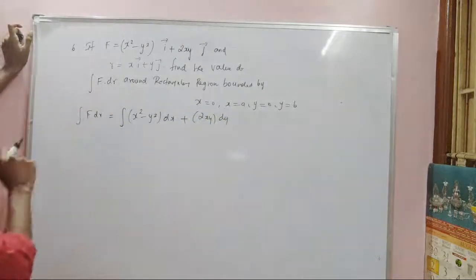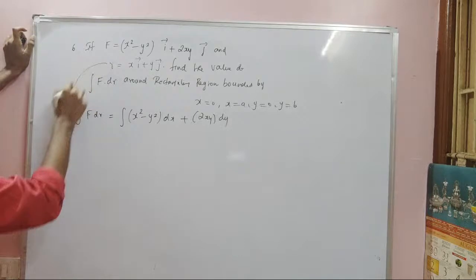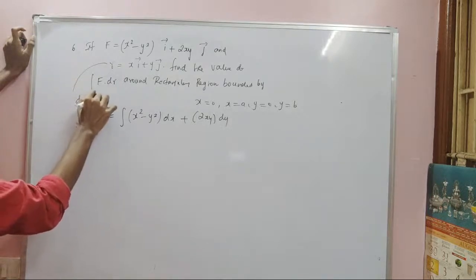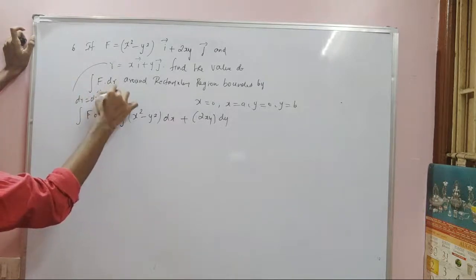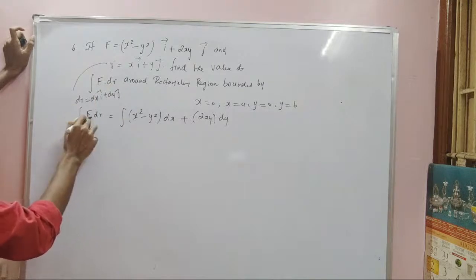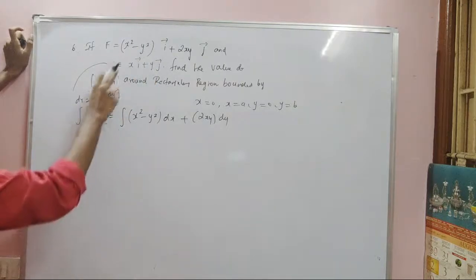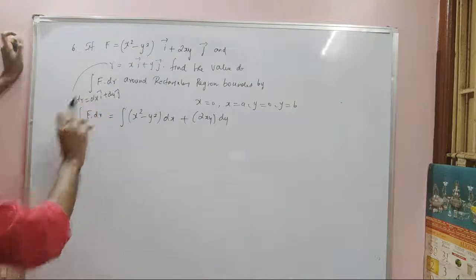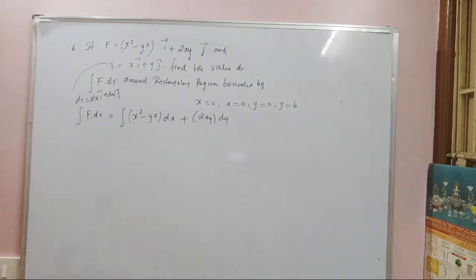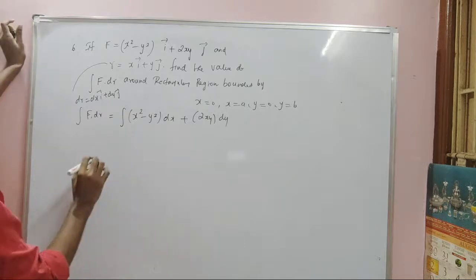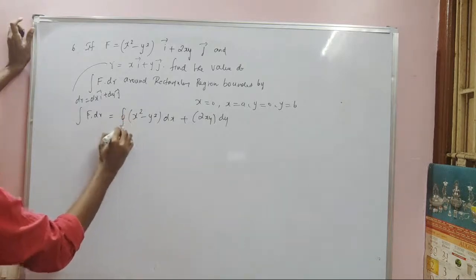When you make a dot product, i will be 1. So we are going to evaluate x square minus y square dx plus 2xy dy by Green's theorem.